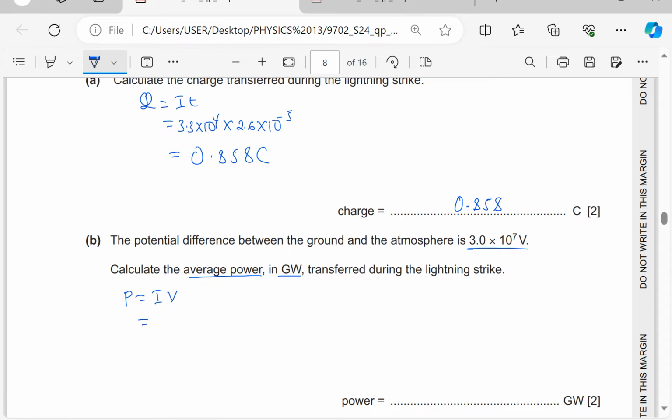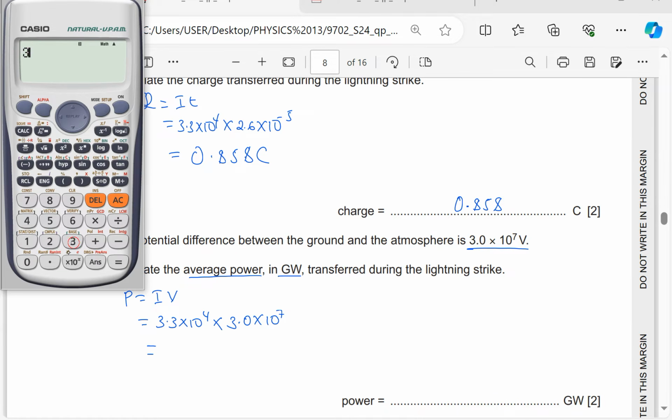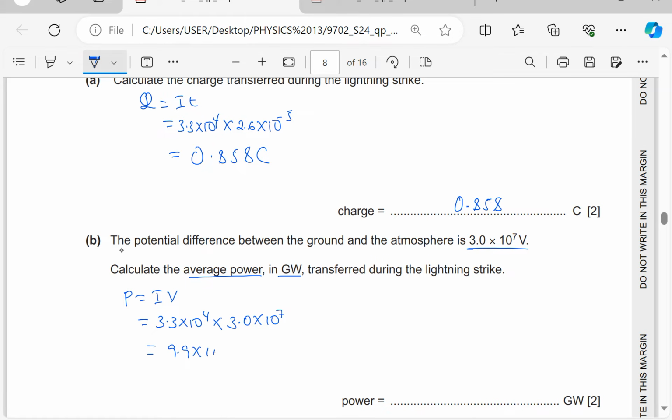The current is 3.3 times 10 to the power of 4, times V, which is 3.0 times 10 to the power of 7. So this will give me 3.3 exponent 4 times 3 exponent 7, which is 9.9 times 10 to the power of 11.